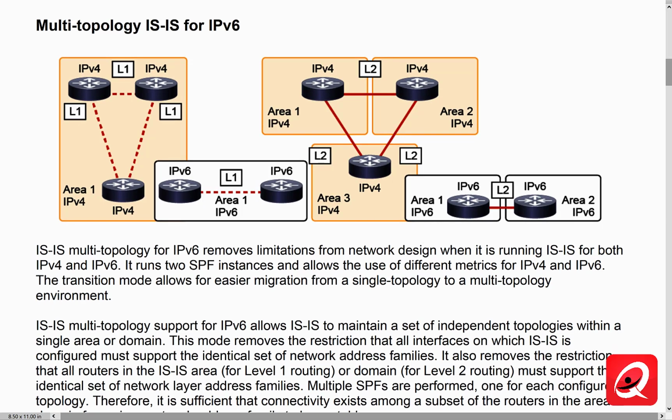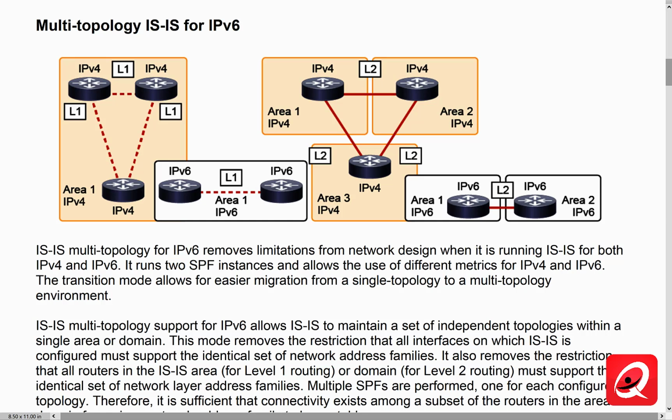In a multi-topology design for ISIS, you can see on the left side there running IPv4 only in area 1. We have an area 1 component that's also running IPv6. On the right side, we have area 4 that's running IPv4, and area 1 and area 2 running IPv6.